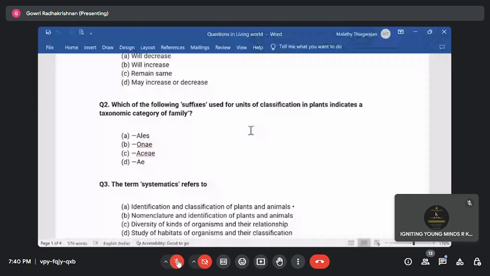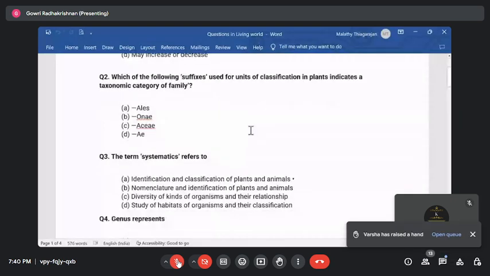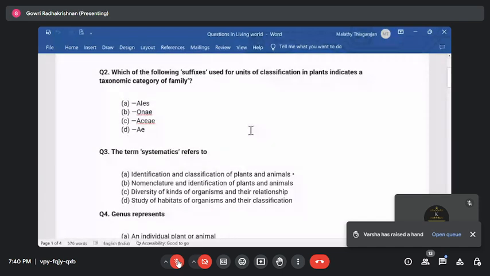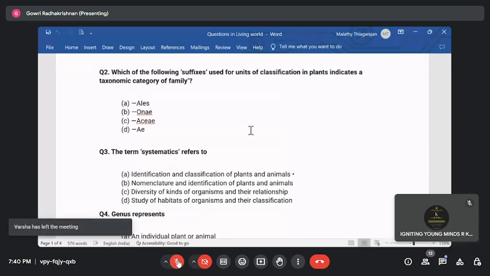All right. Now second question: which of the following suffixes used for units of classification in plants indicates a taxonomic category of family? Ales, one, ac, a.